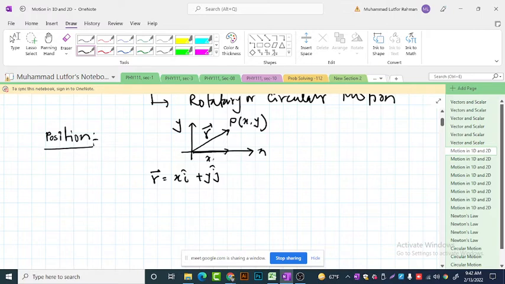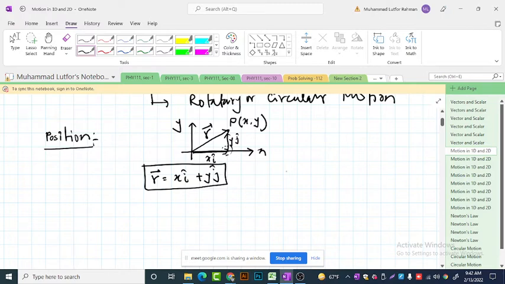This is my x î vector and this is my y ĵ vector. They are head to tail connected over here, so that's why I can say that r would be the position vector of that particle, where x and y are the coordinates of the point where the particle is.